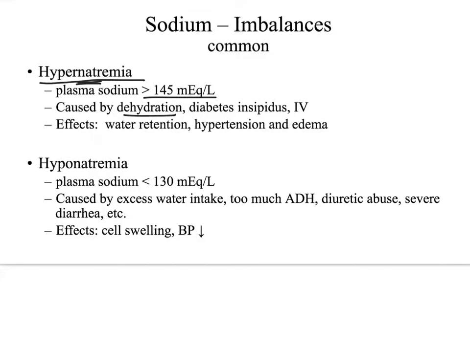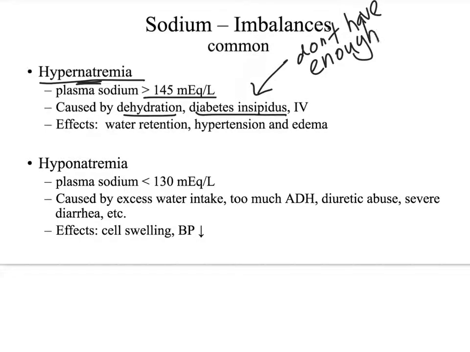It's caused by dehydration, so you're losing a lot of water. It can also be caused by diabetes insipidus. In diabetes insipidus, you don't have enough antidiuretic hormone, so you end up losing too much water, and that makes your blood more concentrated.